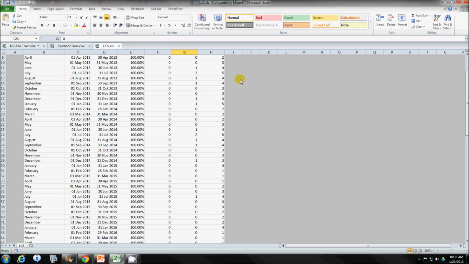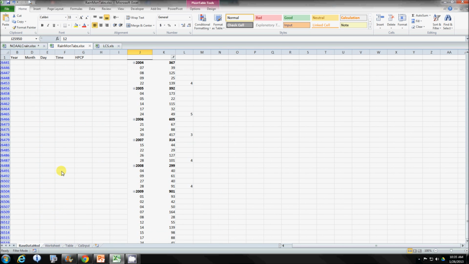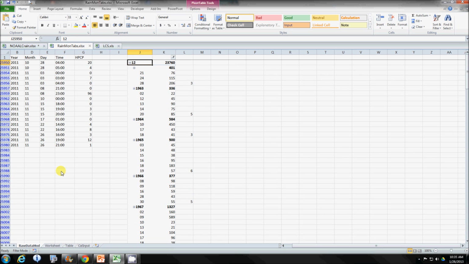But I'll just back up a little bit and show you what we did here, coming from our raw data, and then just doing a pivot table on that to get the number of days in a particular year in which we had rain in excess of 0.2 of an inch.